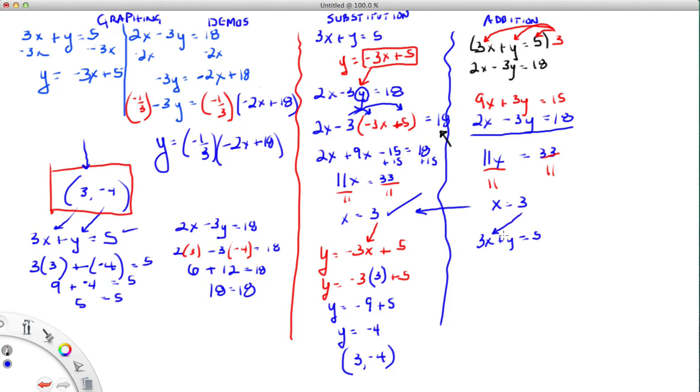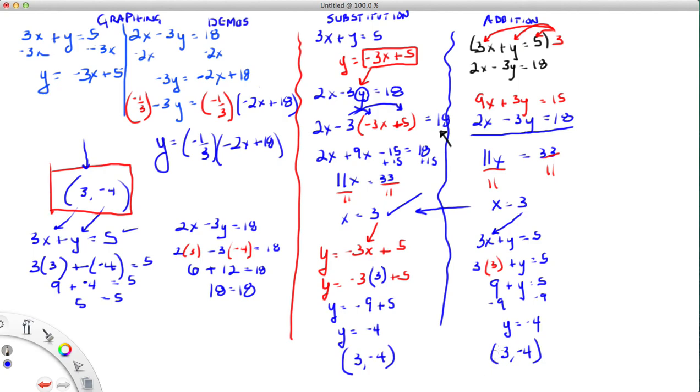Plugging in 3 for x, I have 3 times 3 plus y equals 5. Anybody want to venture what the answer is going to be? 3 times 3 is 9 plus y equals 5. Subtract 9 from both sides and you get y equals negative 4. Same solution. When x is 3, y is negative 4.